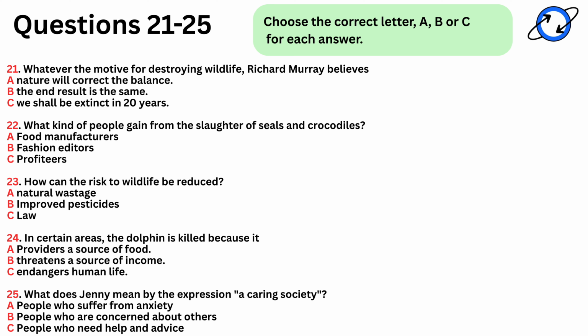First, you have some time to look at questions 21 to 25. Now listen carefully and answer questions 21 to 25.